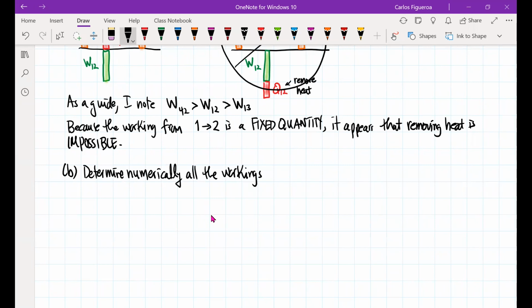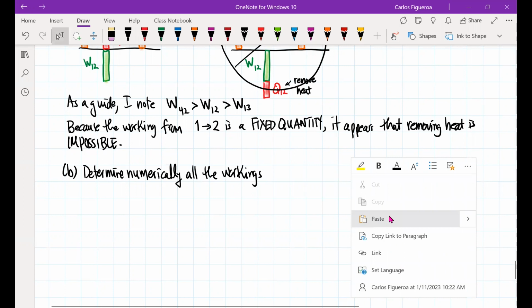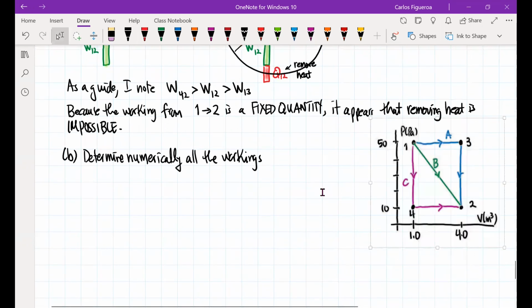Okay, so here are our graphs. I'm going to paste this right here, and then I'm going to use this process to actually do that. I'm going to keep using this graph as a guide here.